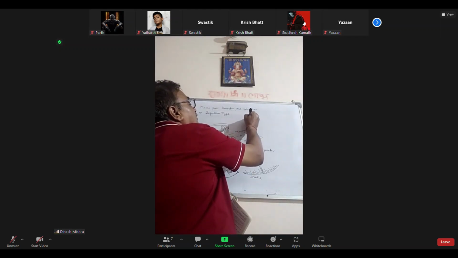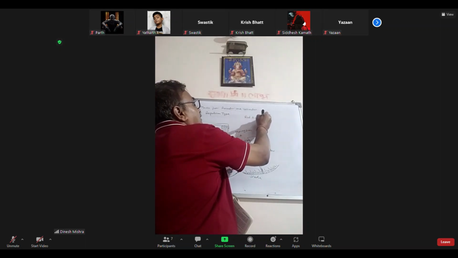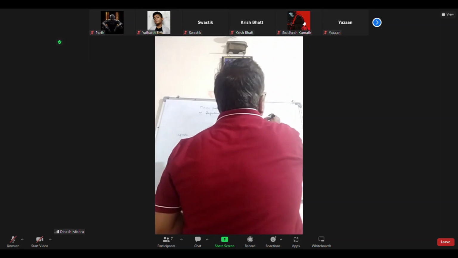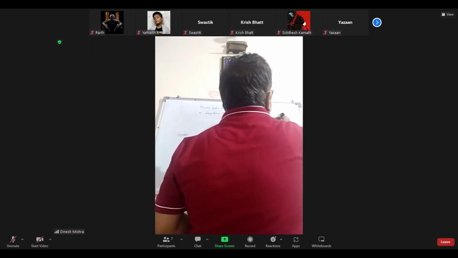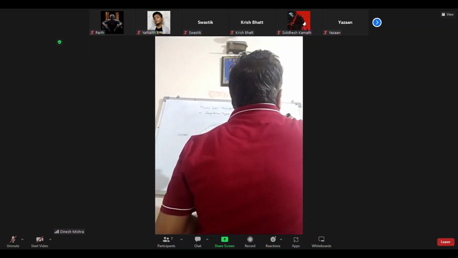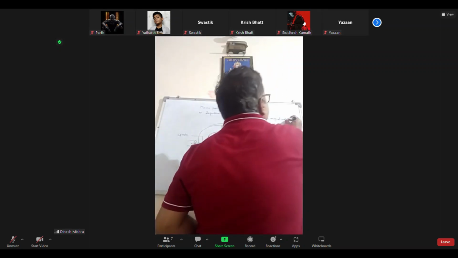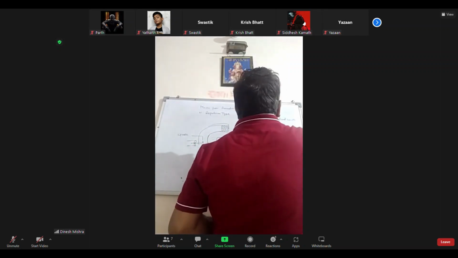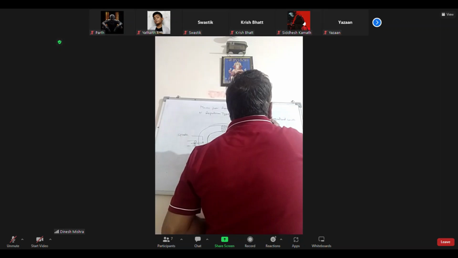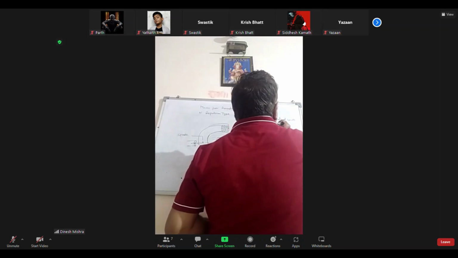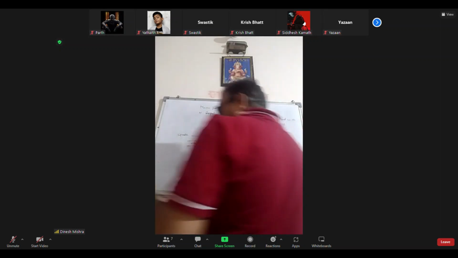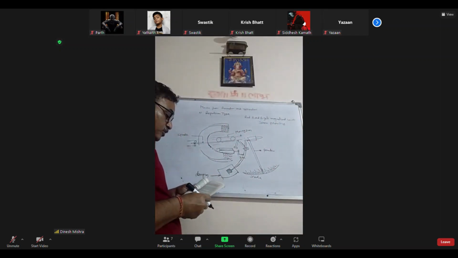Rods A and B are magnetized with the same polarity, right?